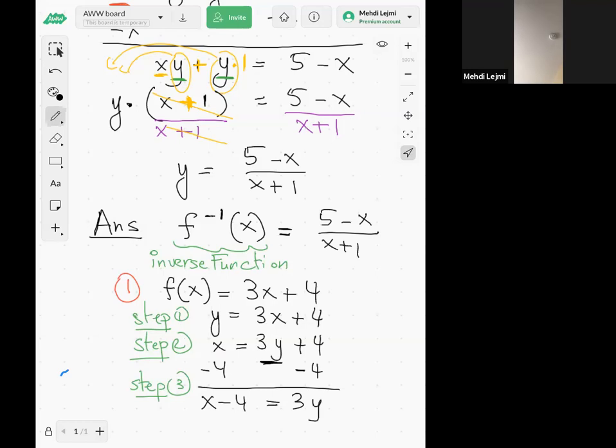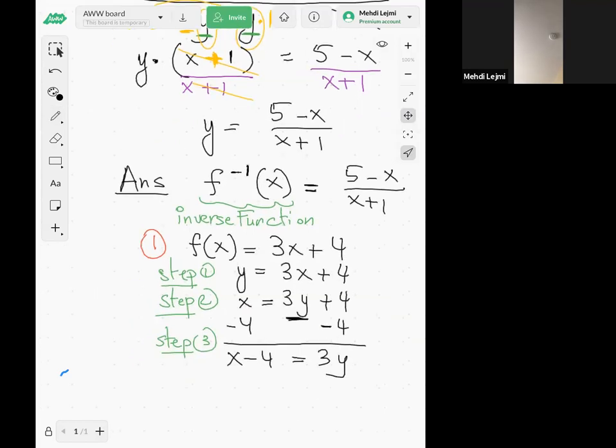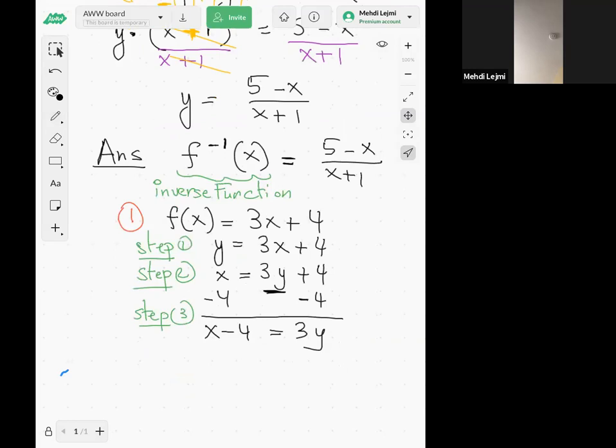All right, and we're almost done. So now you can just divide both sides by 3, and so your x minus 4 over 3 equals y.